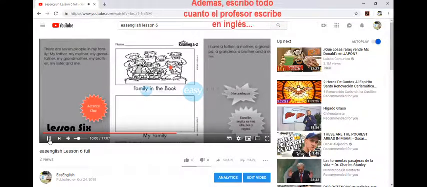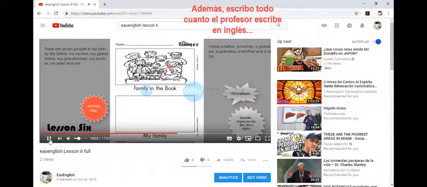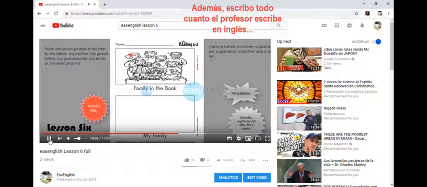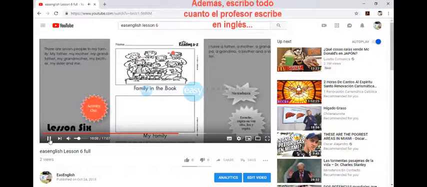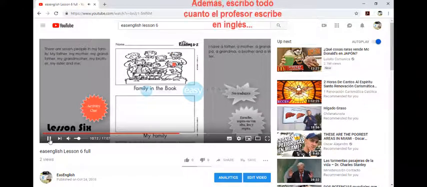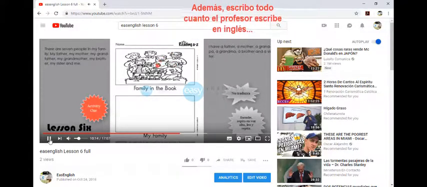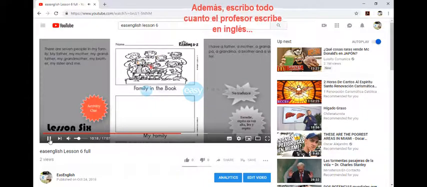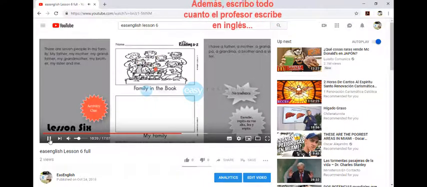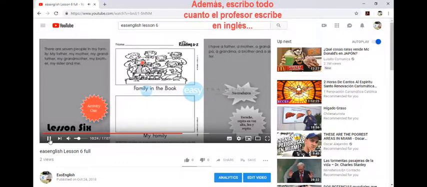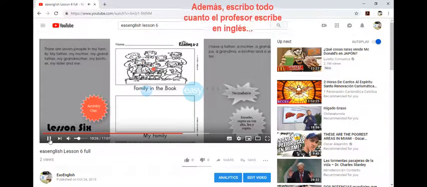There are 7 people in the family. A father, a mother, a grandpa, a grandma, and 3 children. 2 boys and 1 girl.